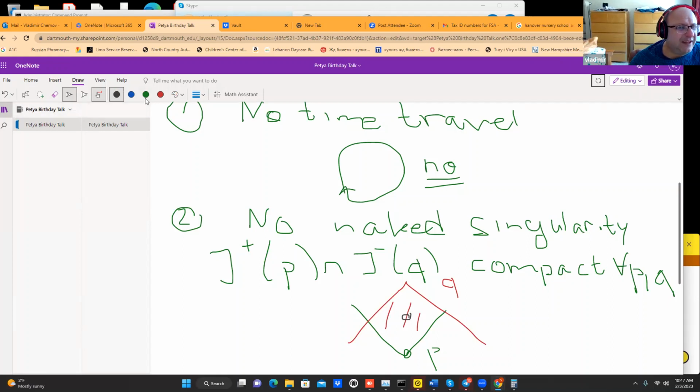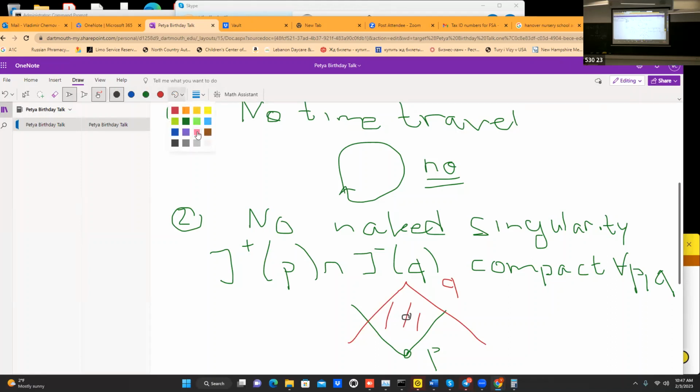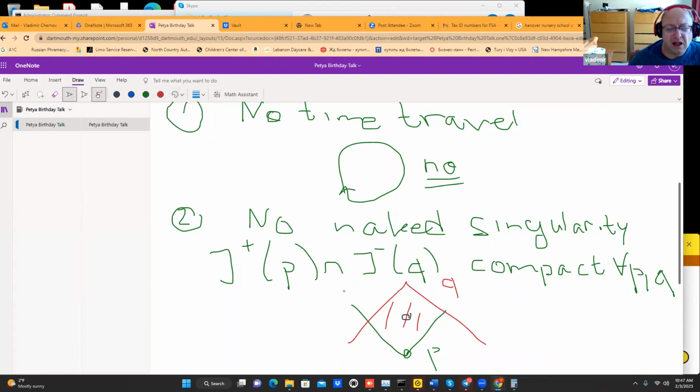So why would it be a naked singularity? Is this a picture in the tangent space or on the manifold itself? This is in the manifold. But the cones are in the tangent space. The cones are in the tangent space, yes, but the exponentiation of the cone is in the manifold.